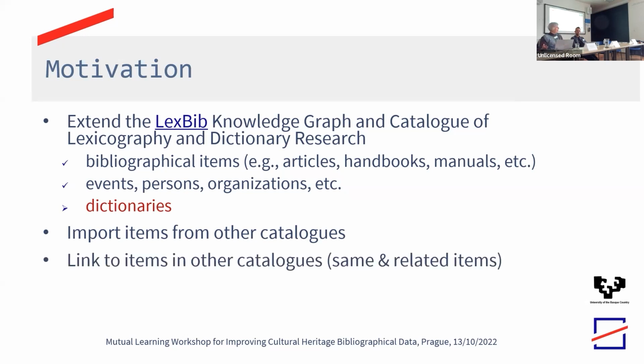We talk about linked data, so we want to link them to the data records that already exist in these catalogs, not only to, for instance, dictionaries that are described in different catalogs, the same dictionary, but also to dictionaries that may be related to them, either articles or dictionaries where one of them is related to another one in some way, another publication, for instance. And we want to be able to export the items from this catalog into other catalogs.